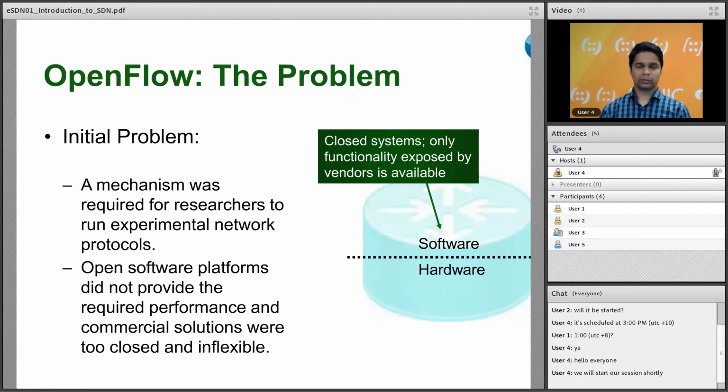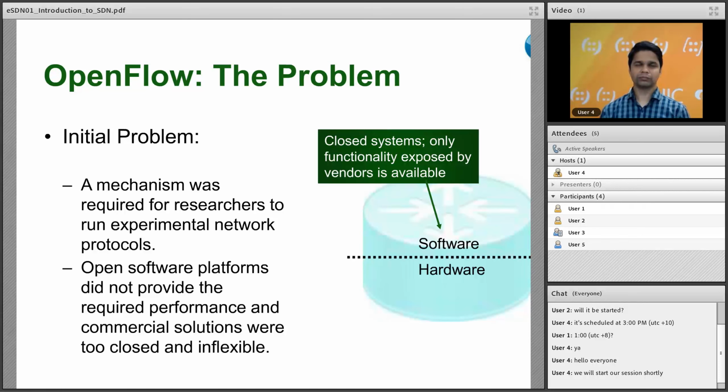The second option we have is the commercial solution. But the problem with this commercial solution is that the software is closely coupled with the hardware, so it's inflexible and too expensive. We also have a dependency on the vendor: for any new initiative, implementation or protocol design, we need to work with the vendor, and there are implementation issues and time required to get that in place.